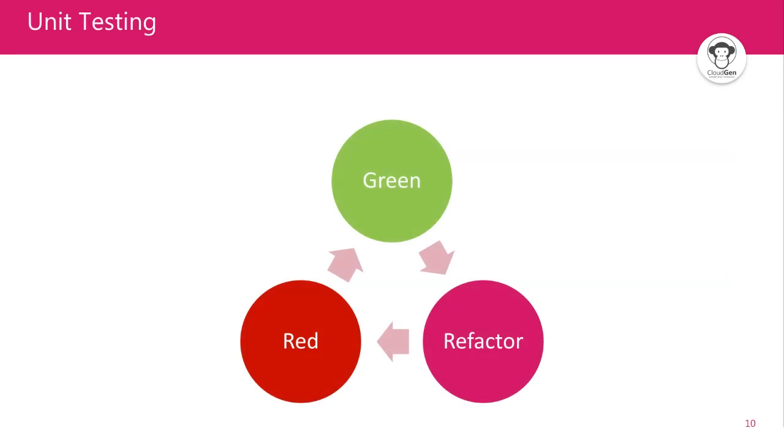Let's talk a little bit about unit testing in general. So unit testing is very beneficial to us in Blazor applications and in just pretty much any type of C# application or just software development in general, because we get this nice red-green refactor cycle that I like very much.